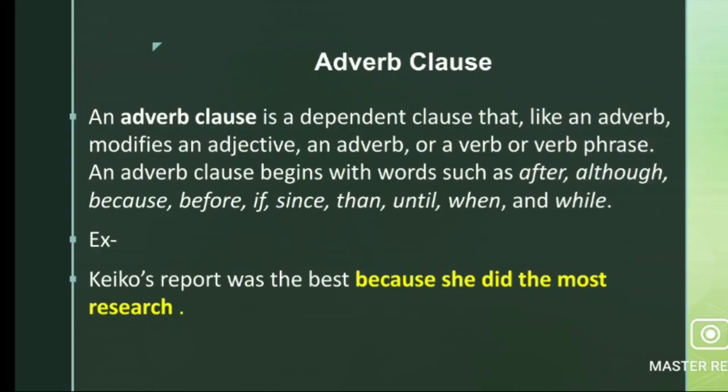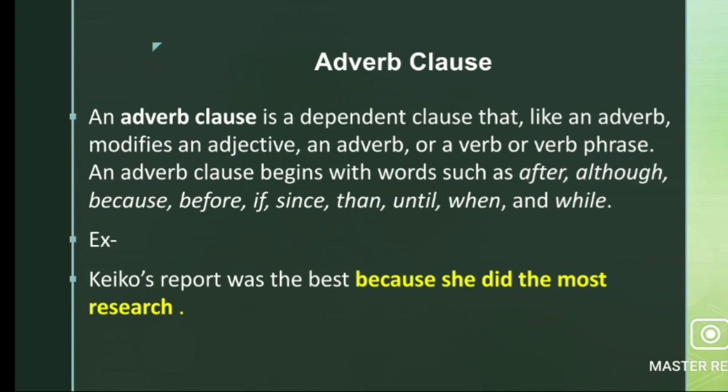Next one, adverb clause. An adverb clause is a dependent clause that, like an adverb, modifies an adjective, an adverb, or a verb or verb phrase. An adverb clause begins with words such as after, although, because, before, if, since, than, until, when, and while.